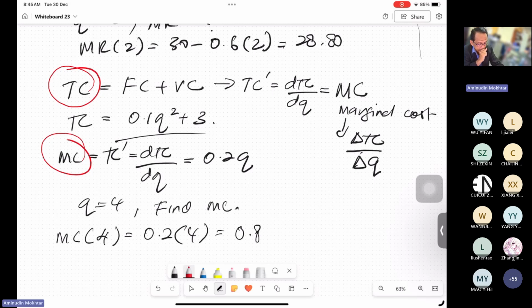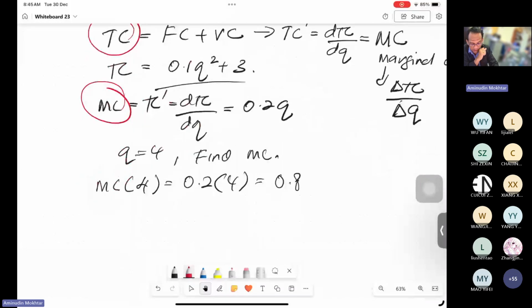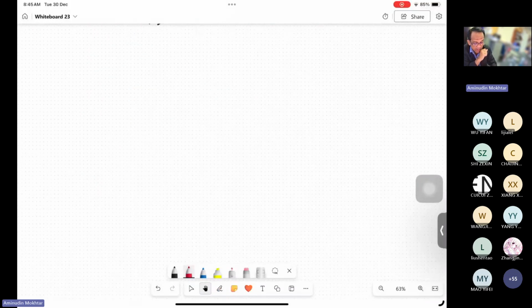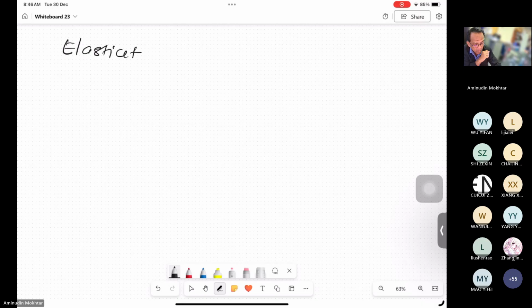The next one is about elasticity. What is elasticity? Please refer to page 3.